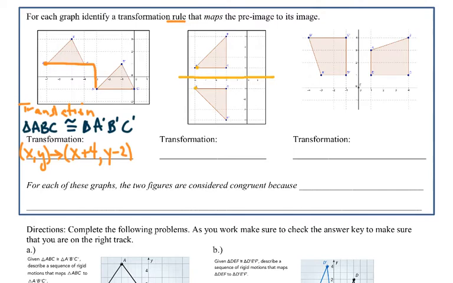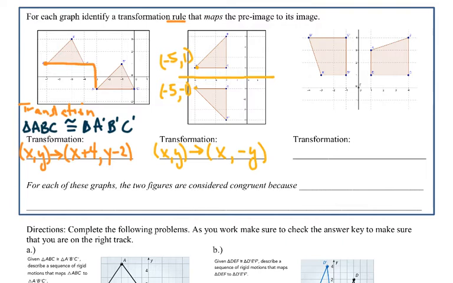So this point, A is (-5, 1), and A prime is (-5, -1). So the rule is (x, y) goes to, the x stays the same, but the y becomes the opposite, so negative y.